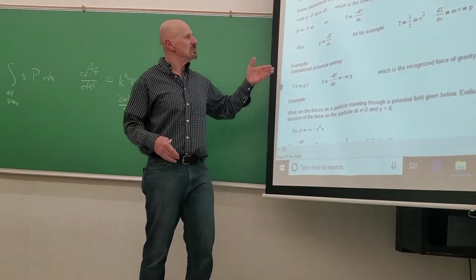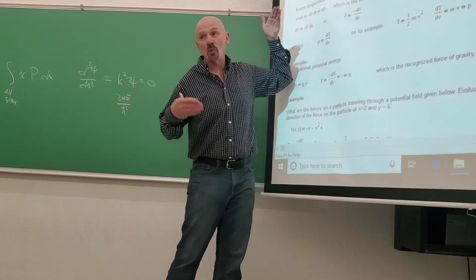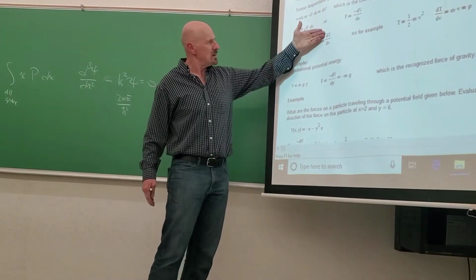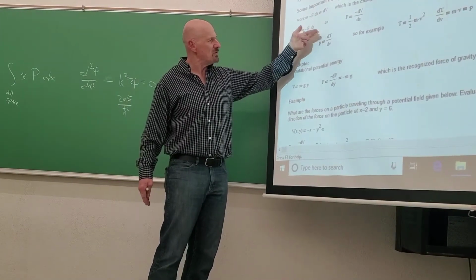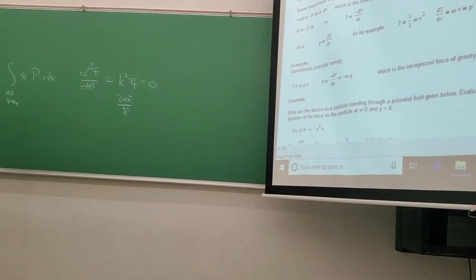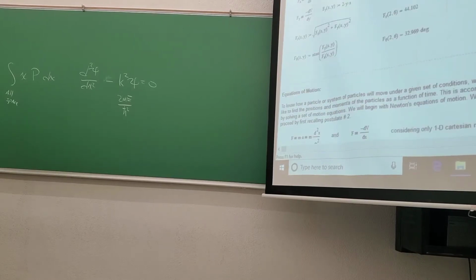So negative dV with regard to position is a force, and the momentum is the derivative of the kinetic energy with respect to velocity. We'll see that again in a moment in Hamilton's equations. These are just simple energetics useful to know.